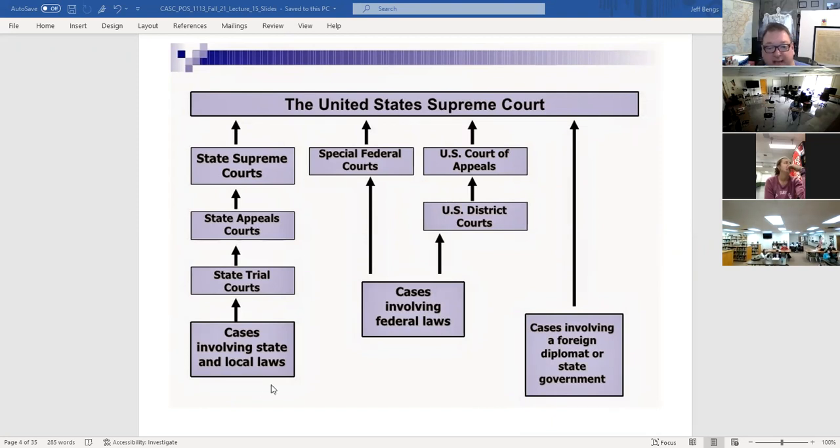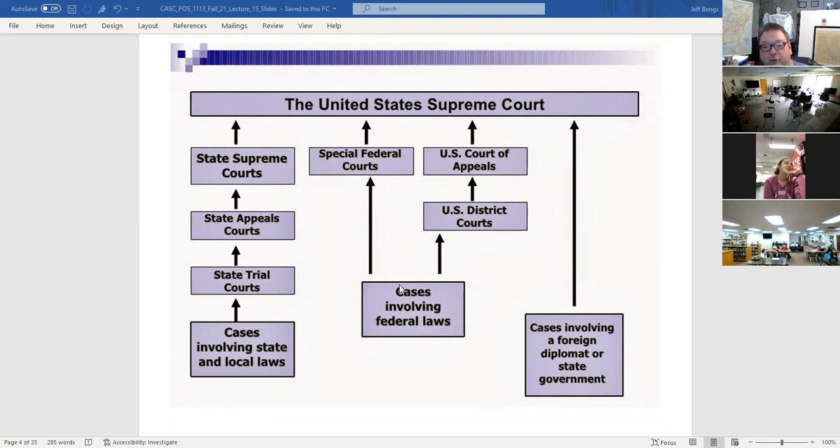So if there is a case involving a local law or a state law, it's going to start at a state trial court. And if the plaintiff continues to appeal to higher courts, you can see how it works its way up to the Supreme Court.